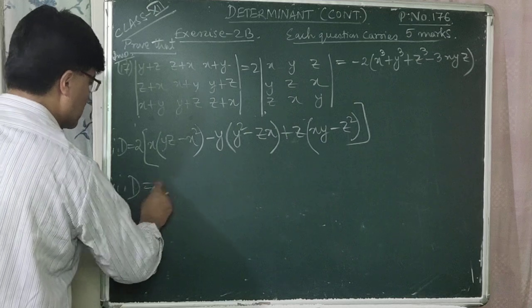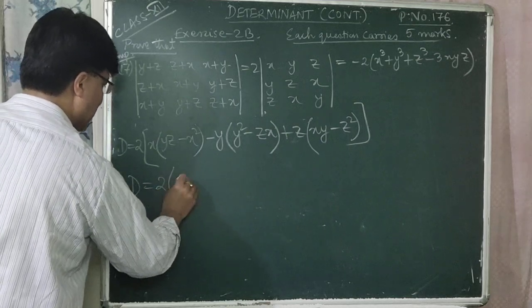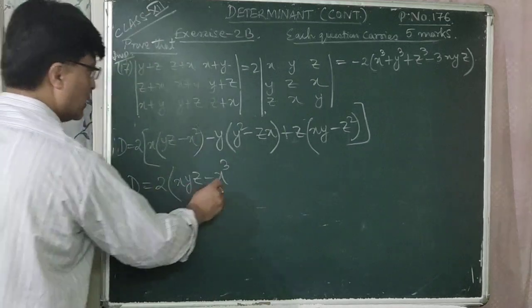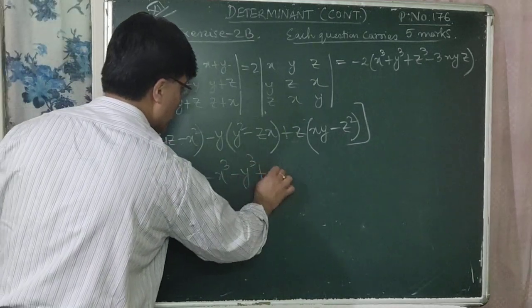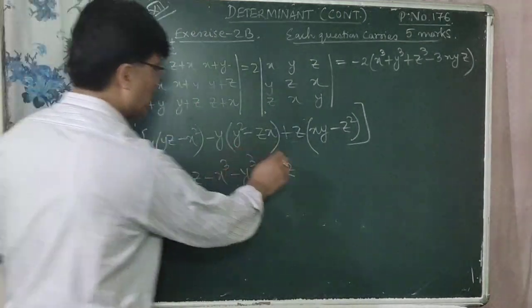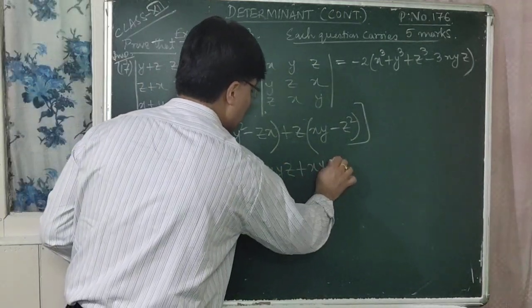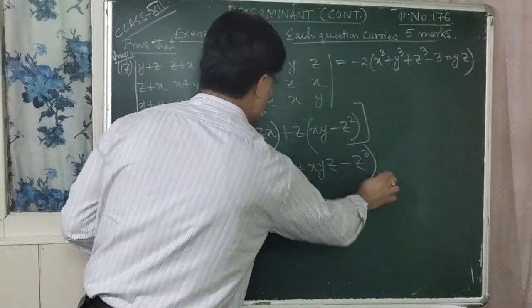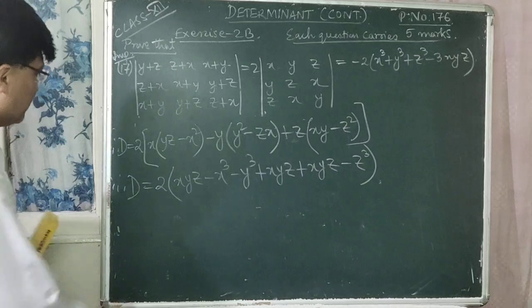So D is equal to twice within bracket xyz minus x cube minus y cube plus xyz, right? Then plus z into xyz. So plus and minus minus, this is your z cube, right?